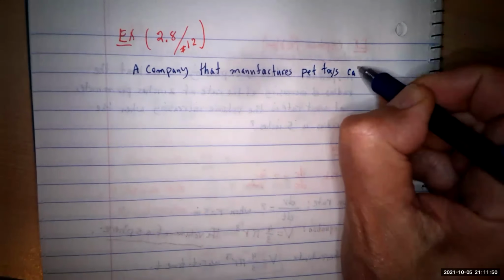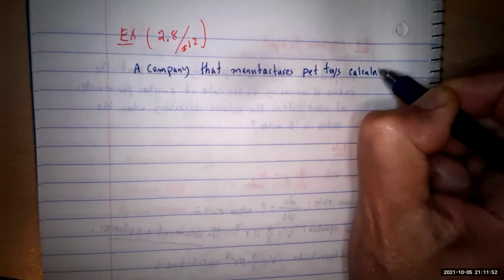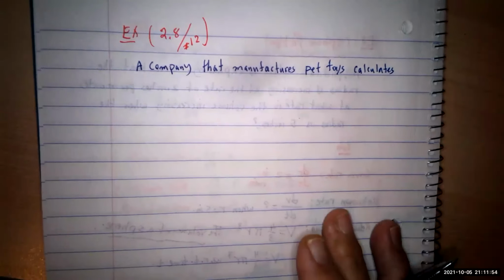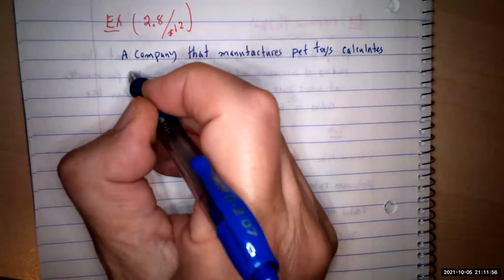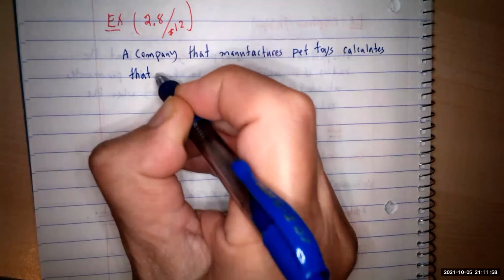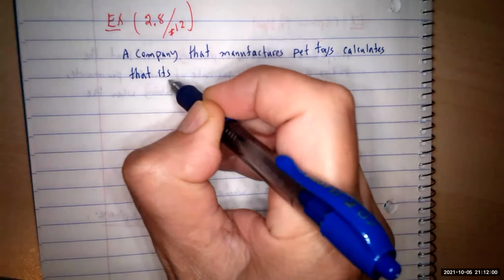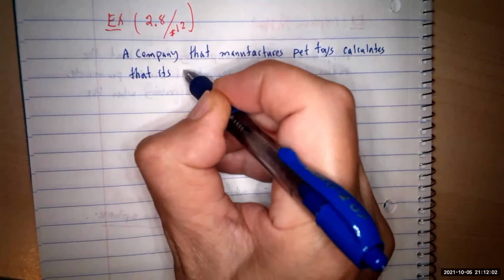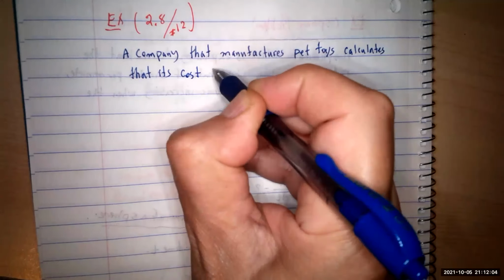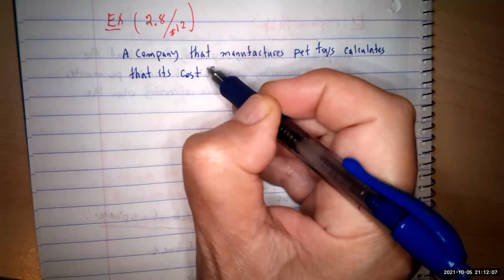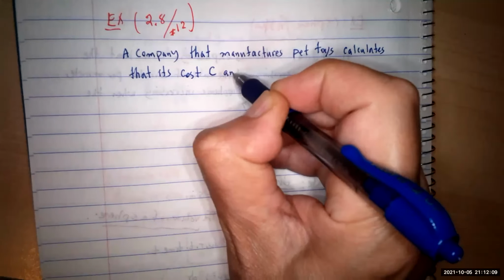They estimate, calculates that its cost, which is C, and the revenue.